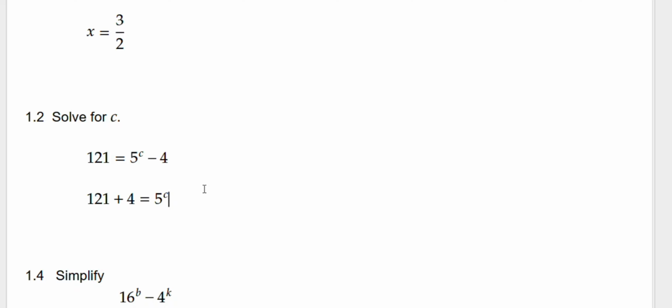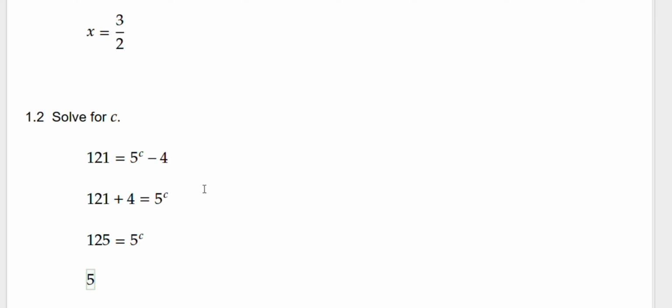Now we need to add 121 and 4, which is going to give us 125. It's equal to 5 to the power c. Now we need to make 125 have base 5.